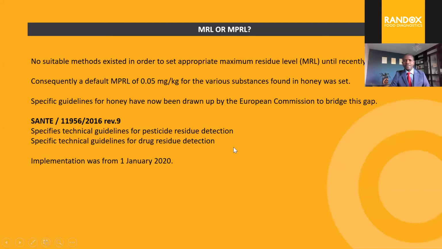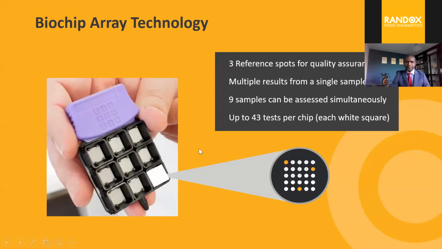On the other hand, in addition, we have the Biochip array technology, and because of the maximum residue limits and all the veterinary residue regulations, you can use this system to test for pesticides and to test for drug residues. How do you do that? It's a very, very versatile system that we have.